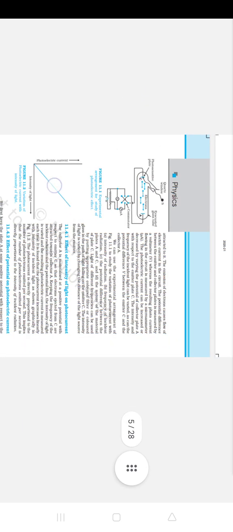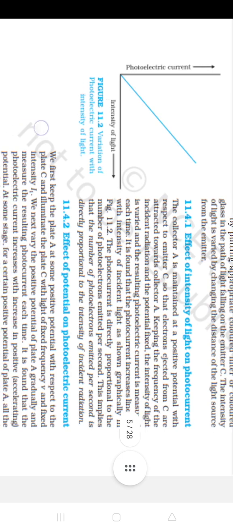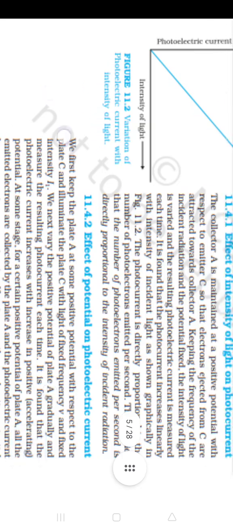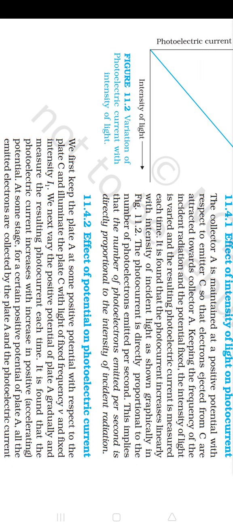Effect of intensity of light on photocurrent. The collector A is maintained at a positive potential with respect to emitter C, so that electrons ejected from C are attracted towards collector A. Keeping the frequency of the incident radiation and the potential fixed, the intensity of light is varied and the resulting photoelectric current is measured each time.